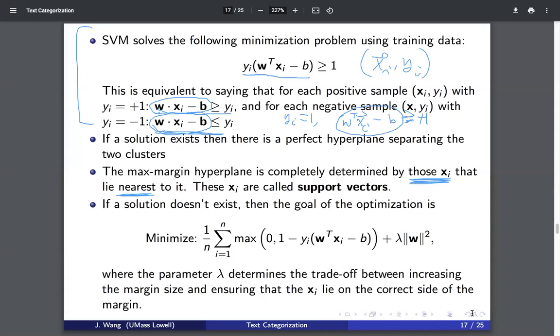If a solution doesn't exist, then of course we want to allow some acceptable errors. So we generalize this minimization problem into the following problem. First, I'm going to look at this fact. It's supposed to be greater than or equal to 1. That means that if there is a solution, it's a negative, right?